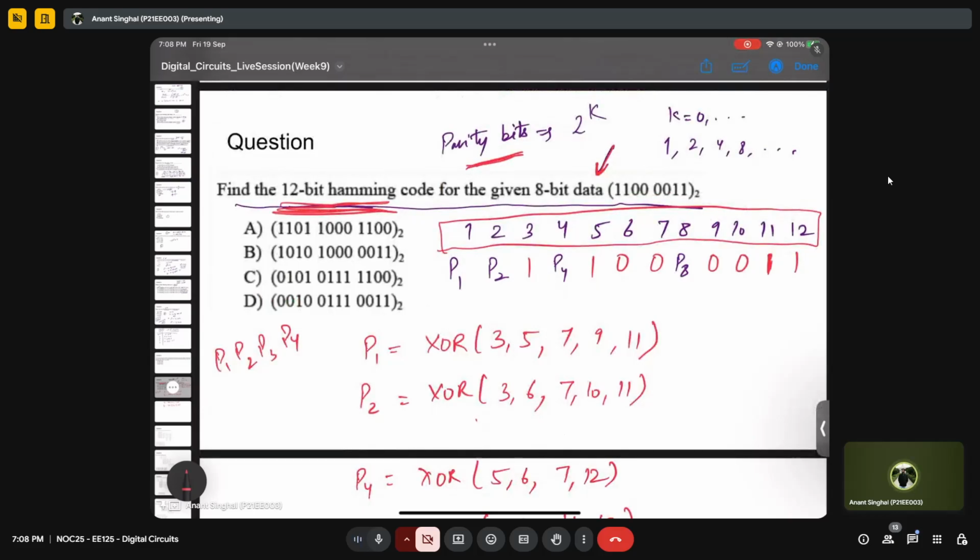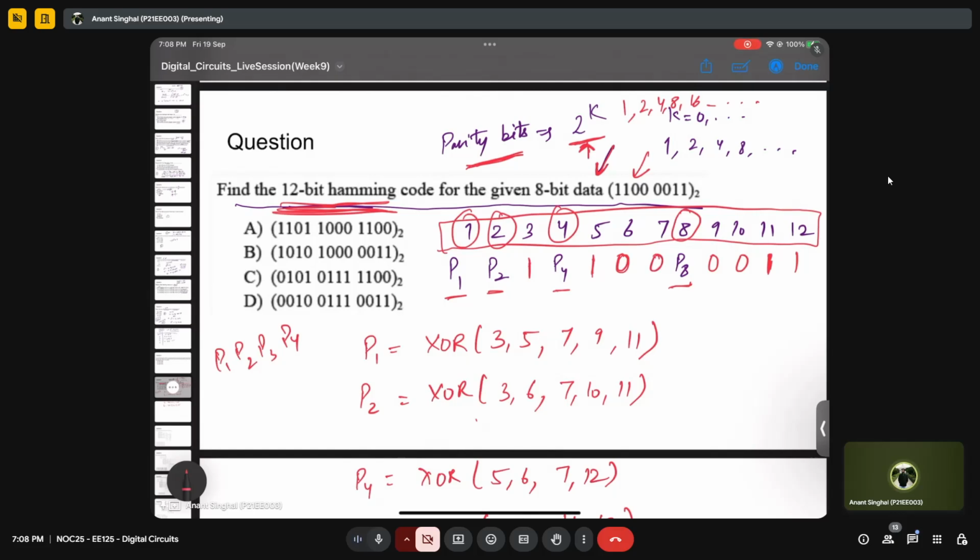Parity bits are always present at 2 raised to the power k, so it can be 1 because k is 0, then 2, 4, 8, 16 and so on. So at 1, 2, 4 and 8 I placed the parity bits, and I wrote the given data bits sequentially after that.